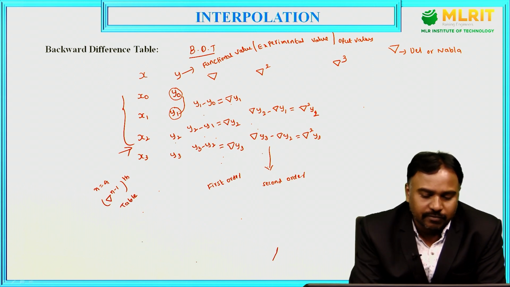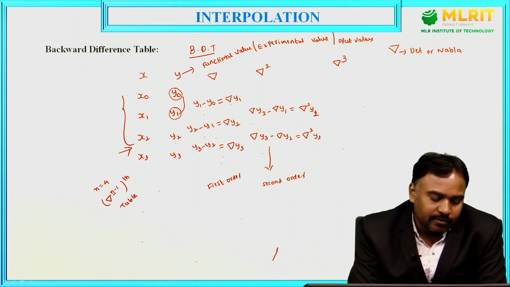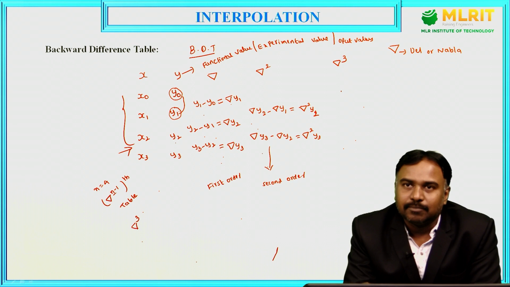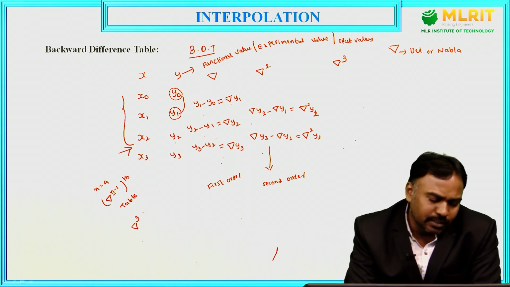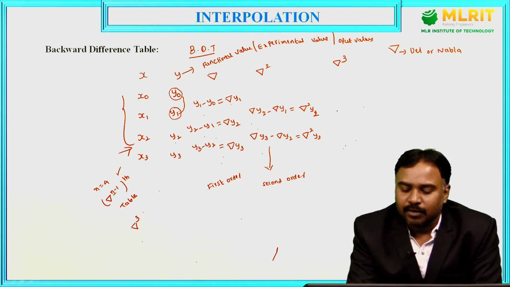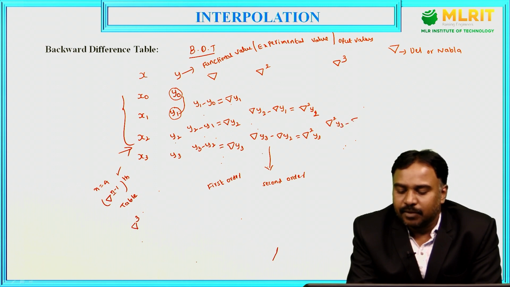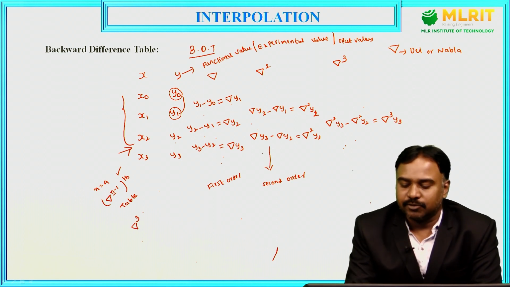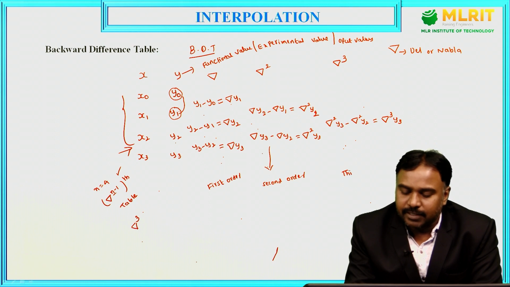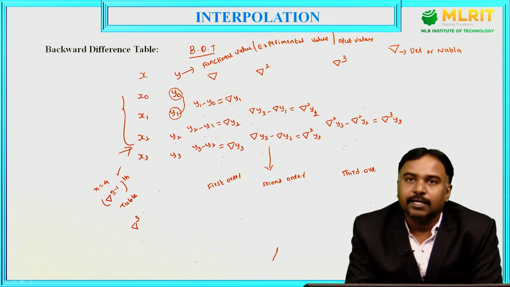So n is equal to 4, and if you substitute, the del cube table is going to exist. Simple, remember this technique. The difference of the second order differences, del square y3 minus del square y2, gives us del cube y3. Like this we find the first, second and third order differences.